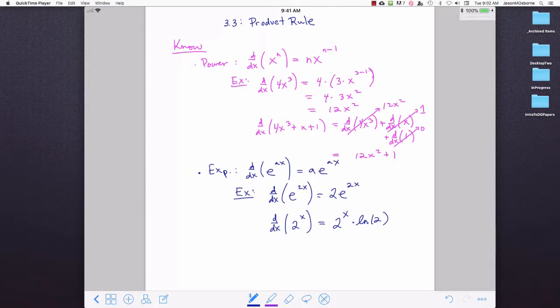We now need to look at the product rule, which tells you how to take the derivative of two functions that have been multiplied together.